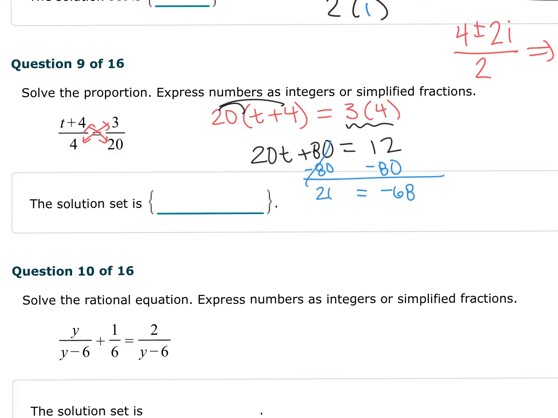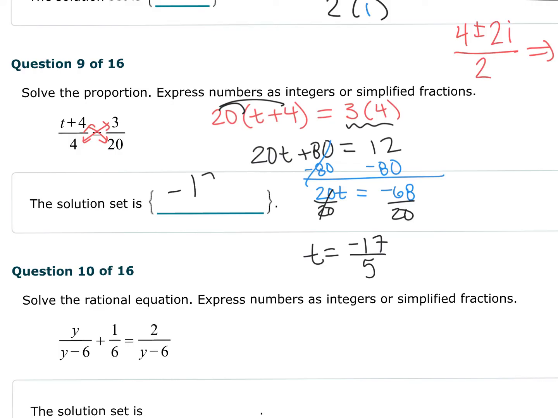And then the 20t drops down, it's 20 times t, so then I just divide both sides by 20. And I end up with negative 68 over 20, which of course reduces. And so when I reduce this, it reduces to negative 17 over 5.